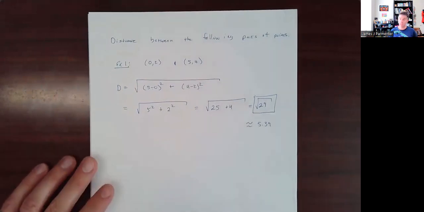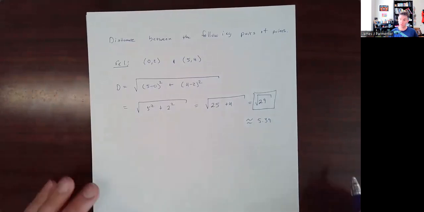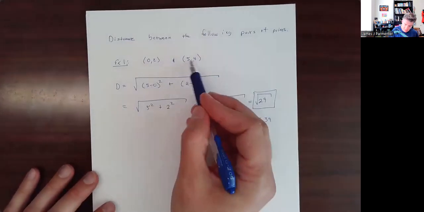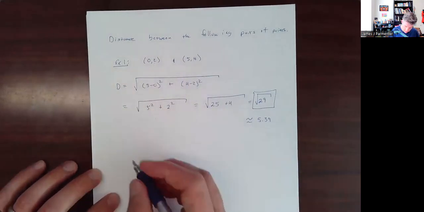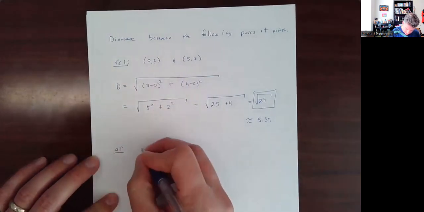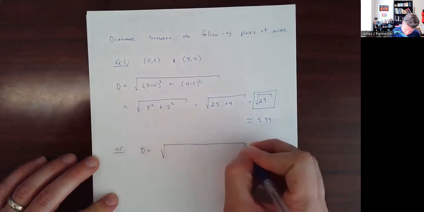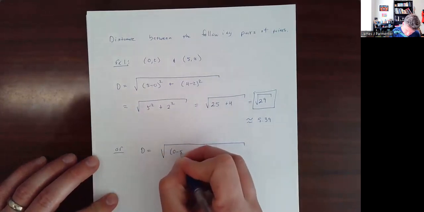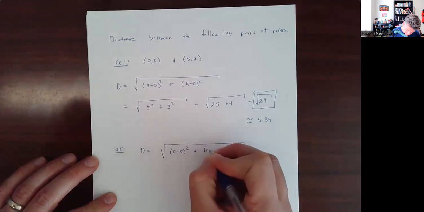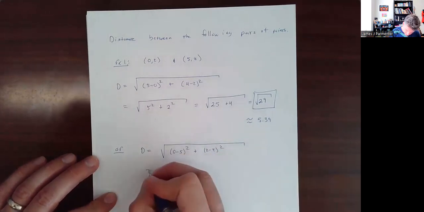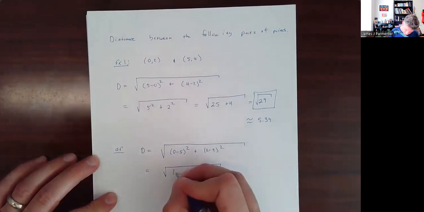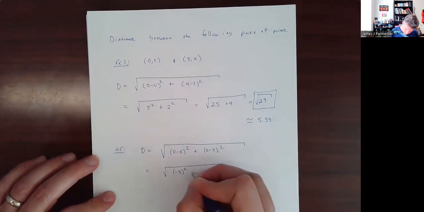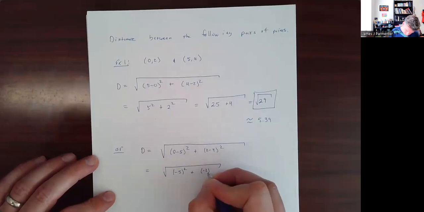The other thing I wanted to mention here is that it actually doesn't matter which order you subtract them in. You could do these ones minus these ones, but you could also do those ones minus those ones. So just to point out, we could have done this as the distance is equal to the square root of 0 minus 5 squared plus 2 minus 4 squared, which ends up equaling the square root of 0 minus 5 is negative 5 squared, and 2 minus 4 is negative 2 squared.